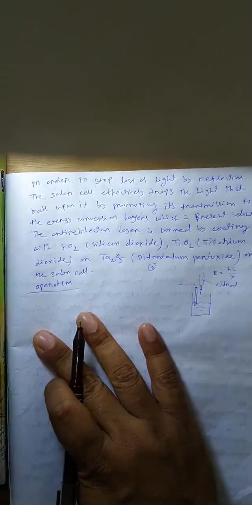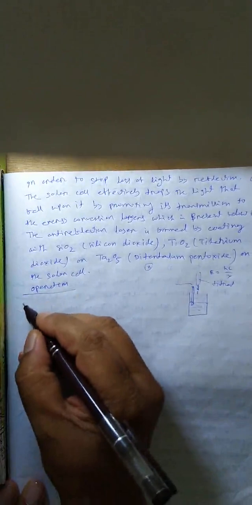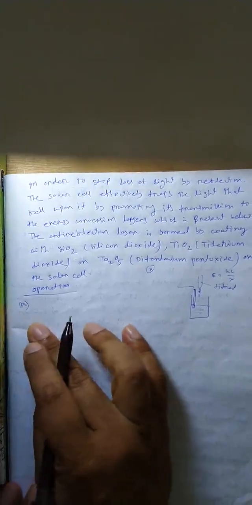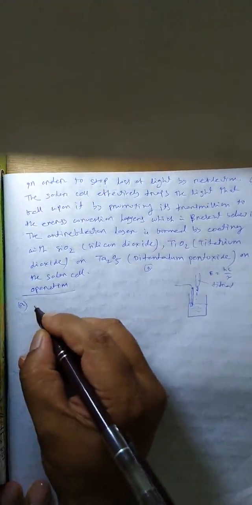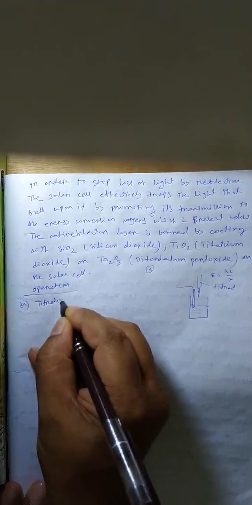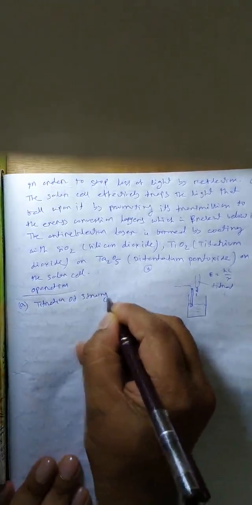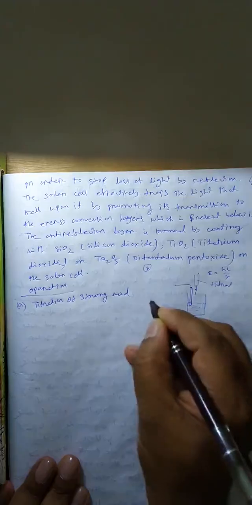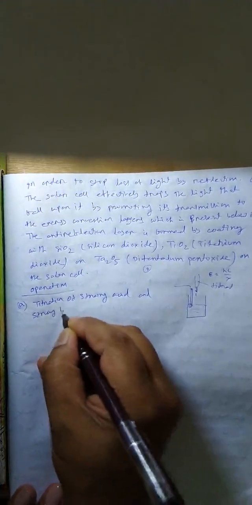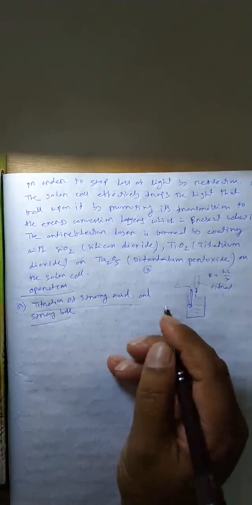Today we have to discuss the titration of strong acid and strong base. We already did this experiment in our lab. That means the titration between strong acid and strong base.